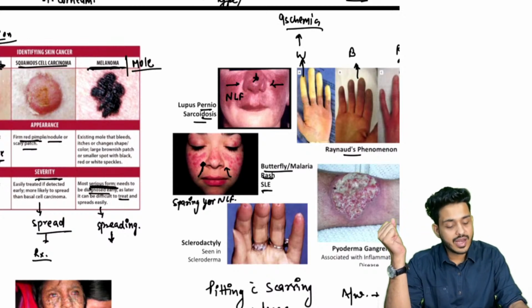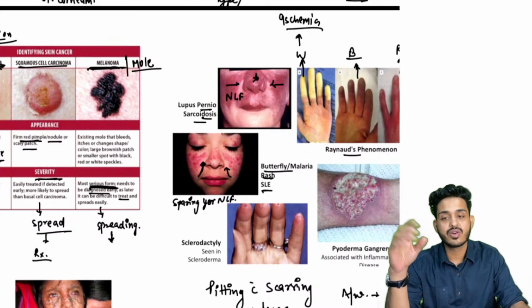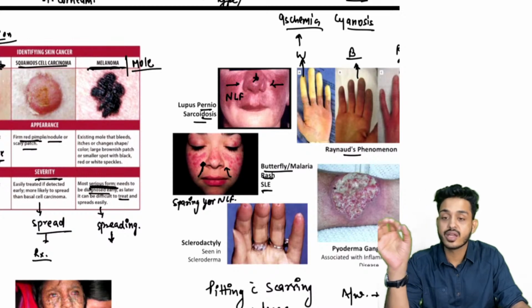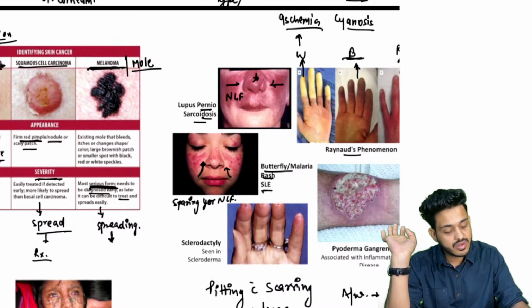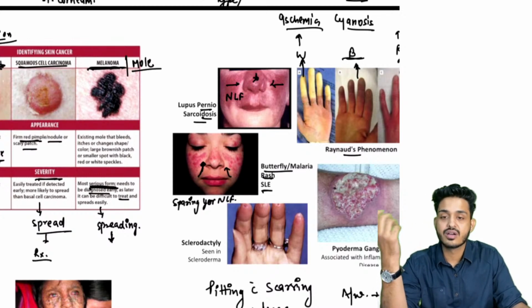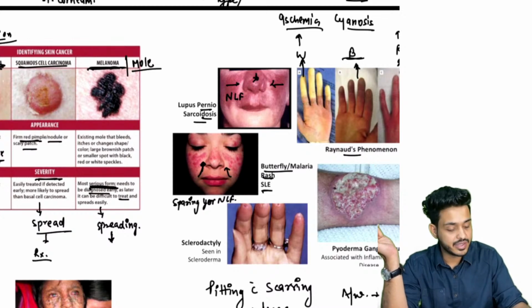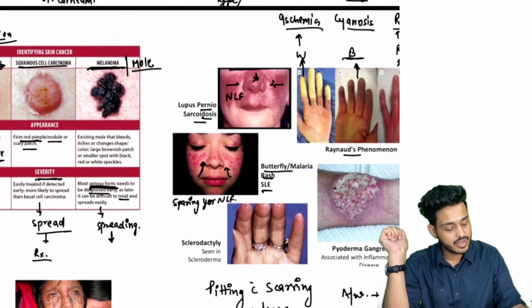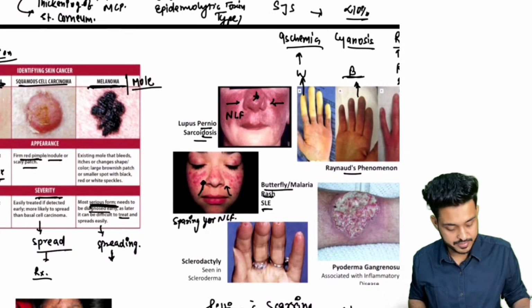Then there will be cyanosis, and you remember cyanosis is blue color. After that there will be normalization of the vessels, and that would lead to the red color again. There will be restoration of the blood supply. So this is Raynaud's phenomenon.